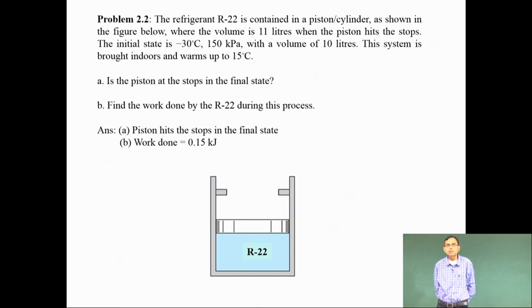The system is brought indoors and warms up to 15 degrees centigrade. So from minus 30 degrees centigrade heat is transferred so that it comes to 15 degrees centigrade. When heat is transferred it will expand, and the question is, will it hit the stops or not, and what is the work done by the R22 during the process.